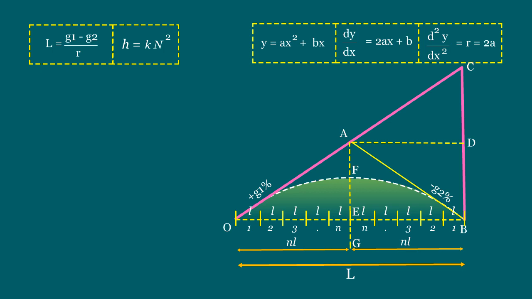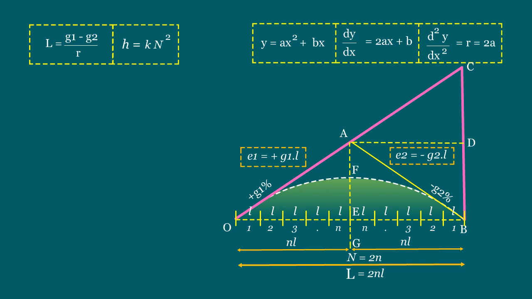So, the total length of vertical curve L equals 2 into nL, that is 2nL. And the total number of chords in this vertical curve, that is n, equals 2n. G1 and G2 equal grades of two tangents, and E1 and E2 equal corresponding rises or falls per chord length L.